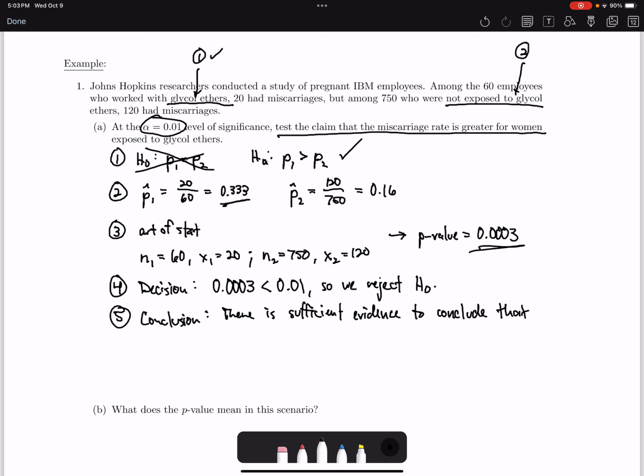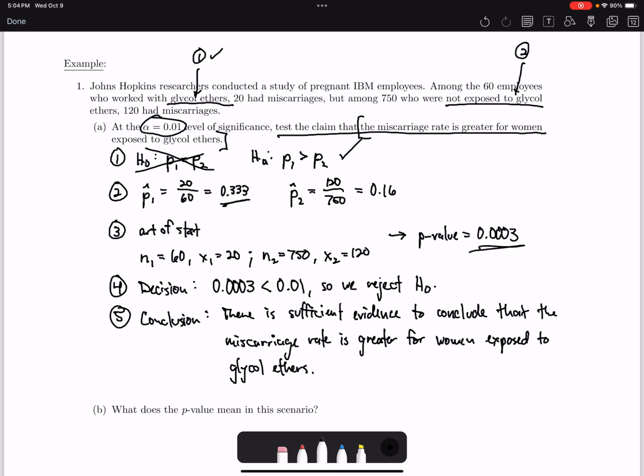We can say there's sufficient evidence to conclude that the miscarriage rate is greater for women exposed to glycol ethers. Okay, so just as we suspected, right?